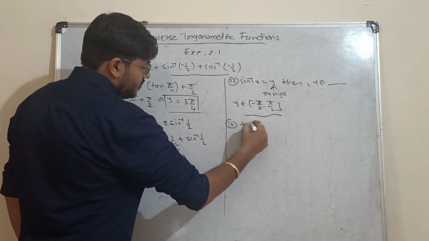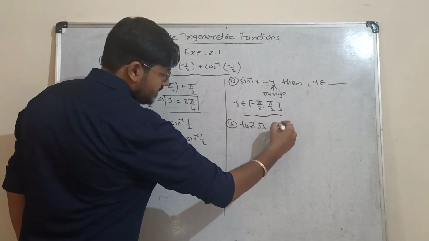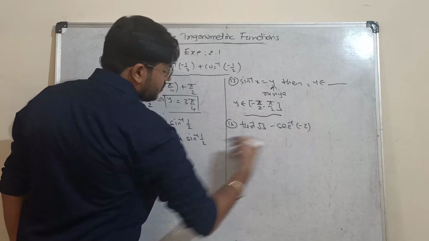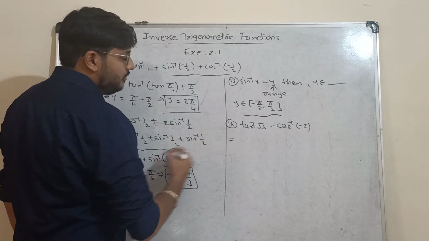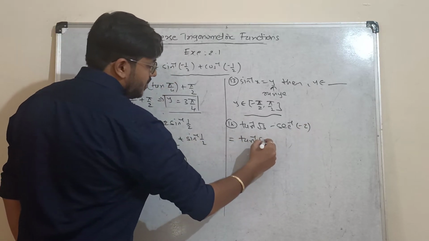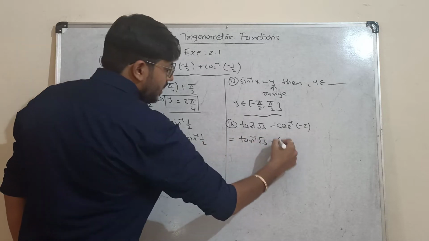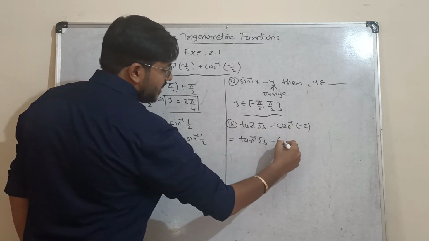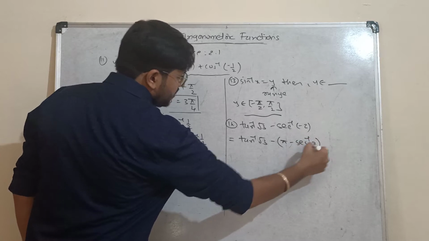Tan inverse of root 3 minus sec inverse of minus 2. So first of all, what we'll do? Tan inverse of root 3 will keep as it is. Okay. Now sec inverse of minus 2 can be written as pi minus sec inverse 2.